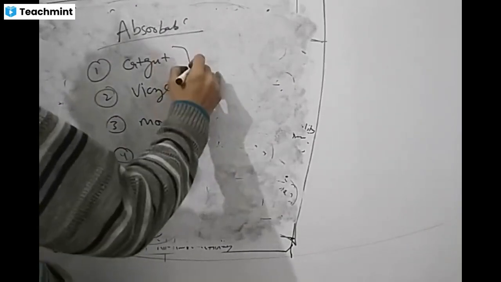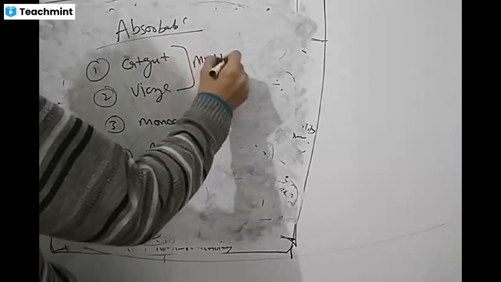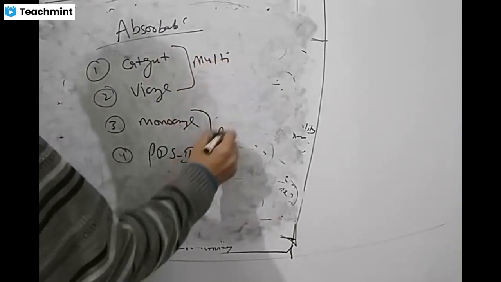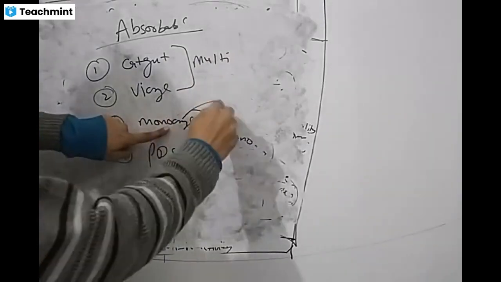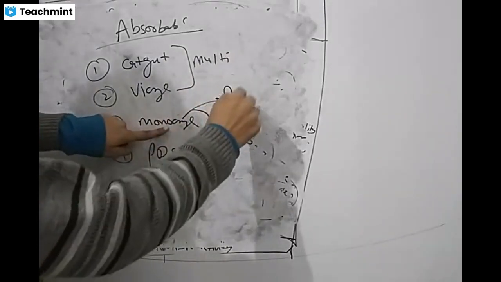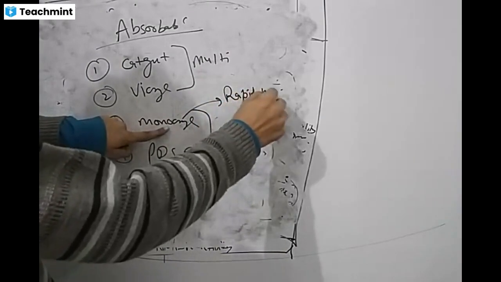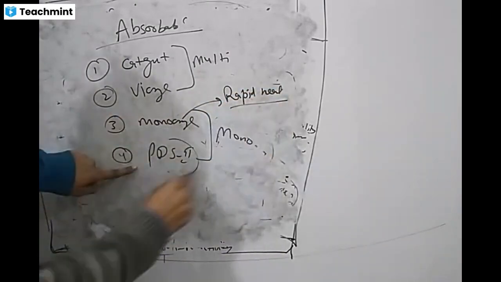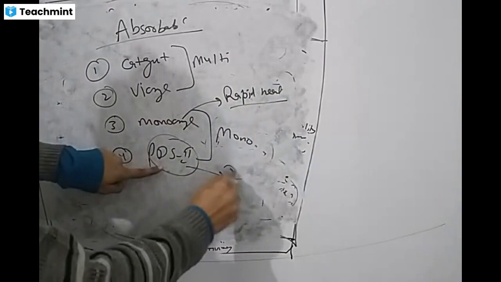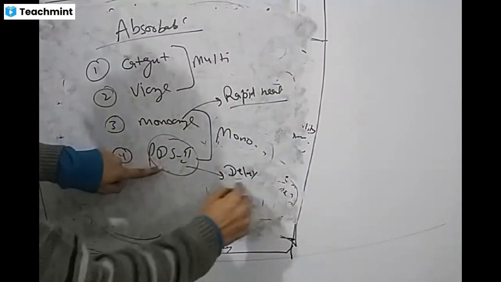These two were multifilament and these two were monofilament. This monocryl was used for rapid healing tissues, and this was used for delayed healing tissues like tendon, fascia. So these four were absorbable.